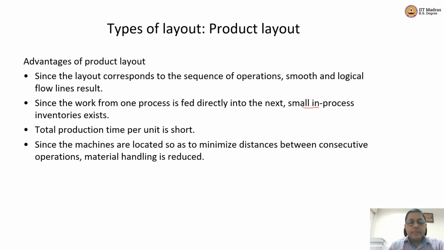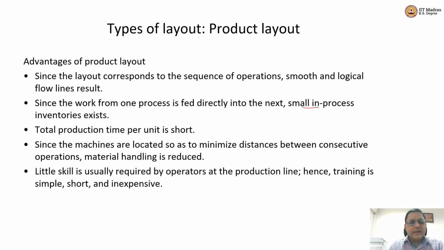Now, since the sequence of operations is decided, drilling, milling, lathe machine, I can have a trained person operating a lathe machine. I can have a milling machine expert operating the milling machine, and therefore training is very simple. Training is a very short, simple, inexpensive exercise. They know what product they are processing, right?